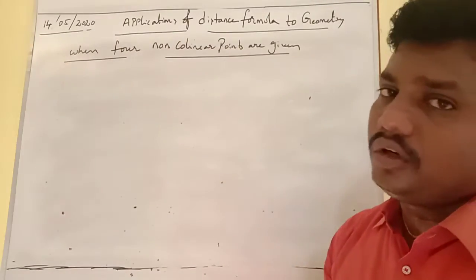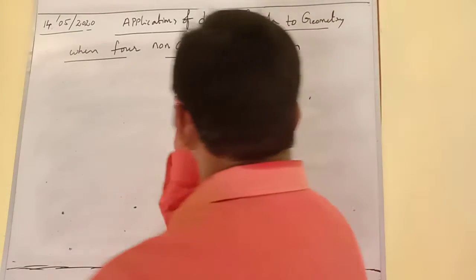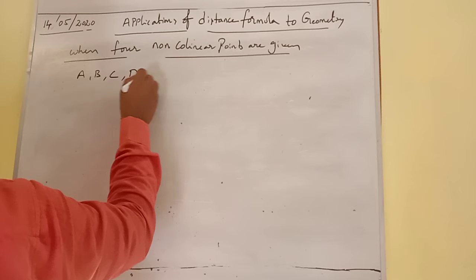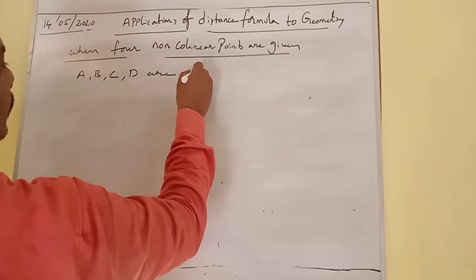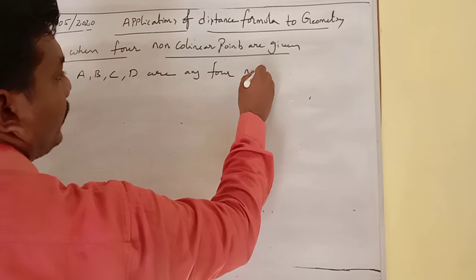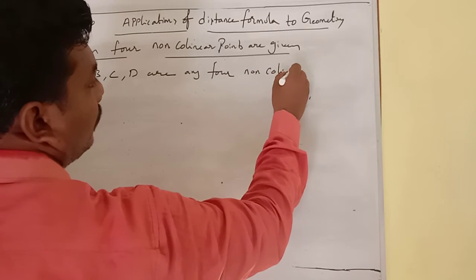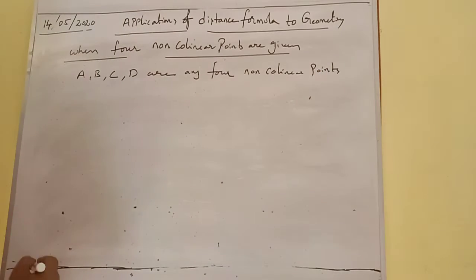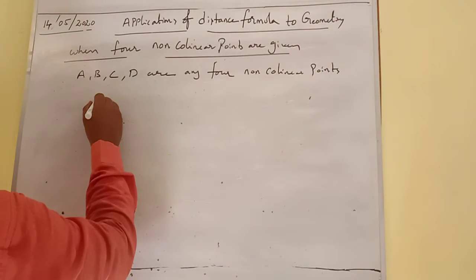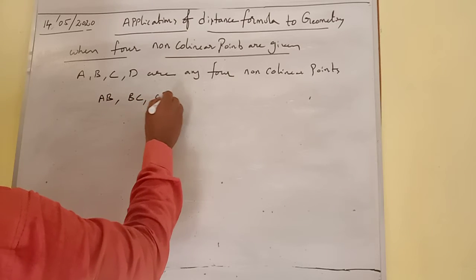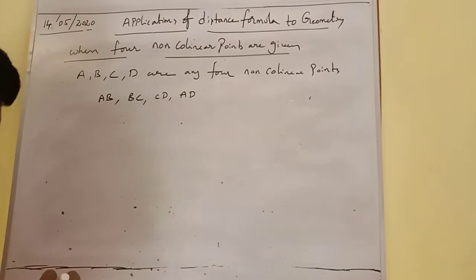Whenever four non-collinear points are given, A, B, C, D, or any four non-collinear points, we have to find the AB distance, BC distance, CD distance, and AD distance.